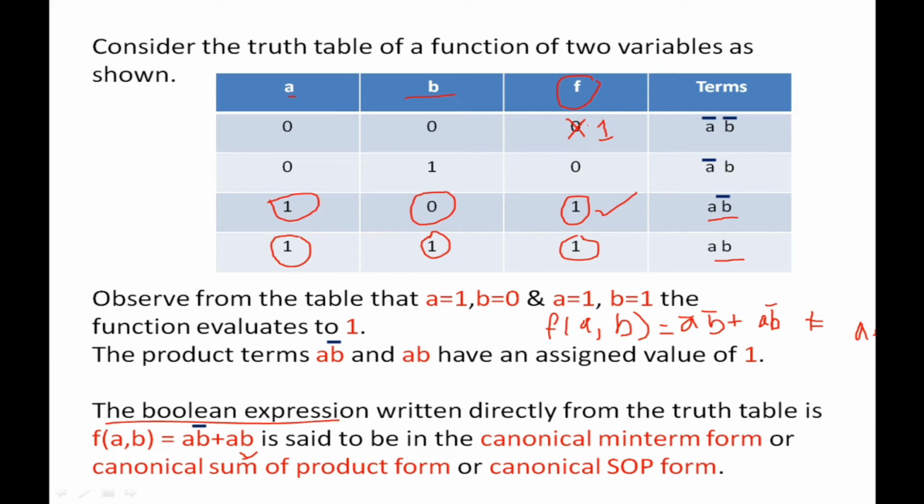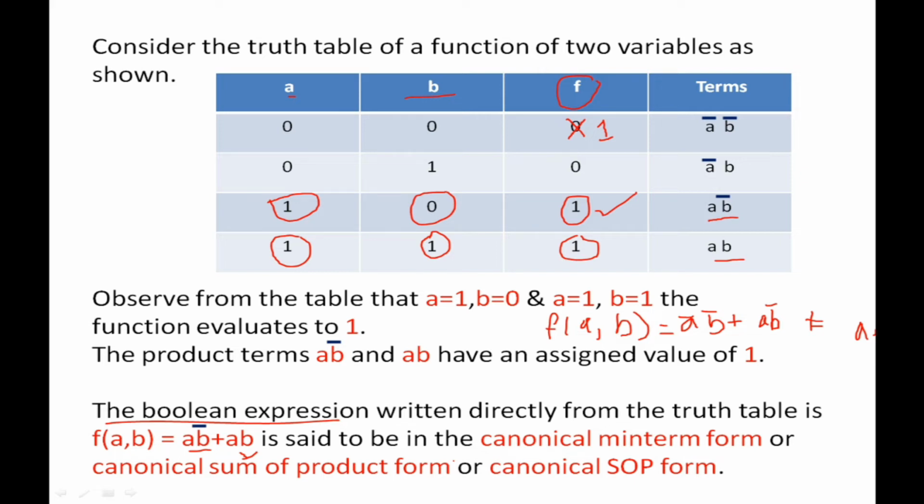Suppose this was evaluating to 0, then the expression a b bar plus ab was the final Boolean expression taken directly from the truth table, and these two terms are called the canonical min term form, or the canonical sum of product form.